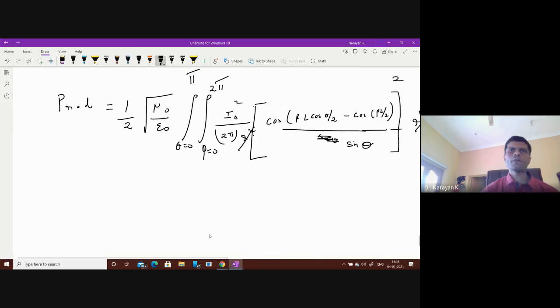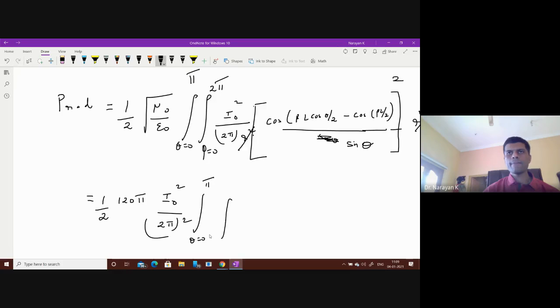Then a few more steps will happen here. So I can rewrite this as half into 120 pi, I naught square divided by 2 pi square, theta varying from 0 to pi, phi varying from 0 to 2 pi.